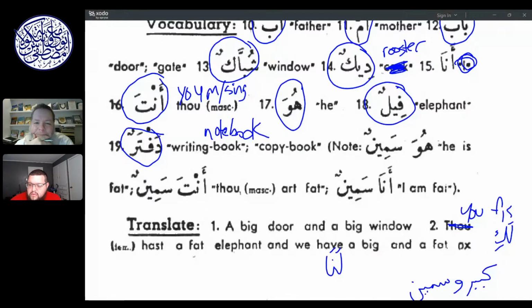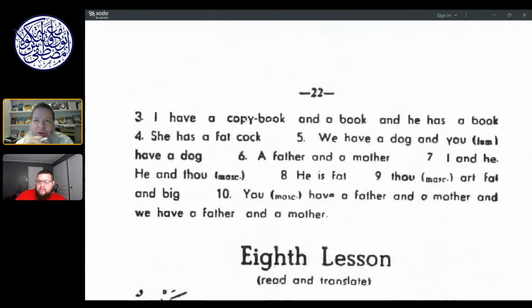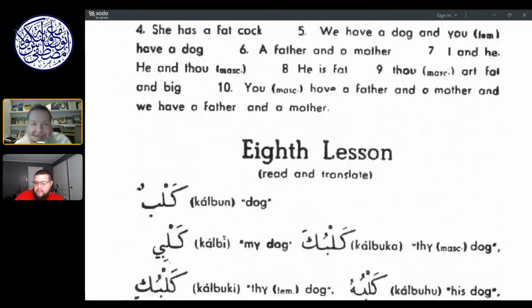It's repetition, and not just translating but actually seeing a door, a window, an elephant, where it becomes imagery, not just repetition of sound, even though that helps.